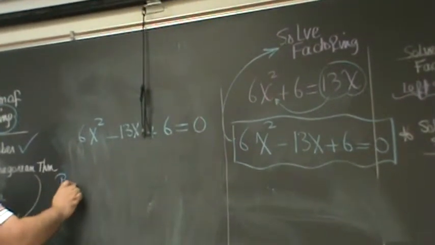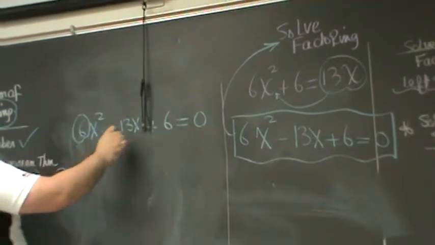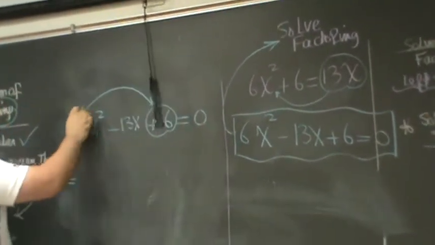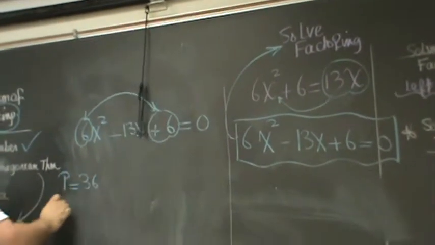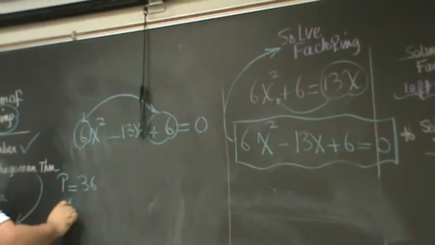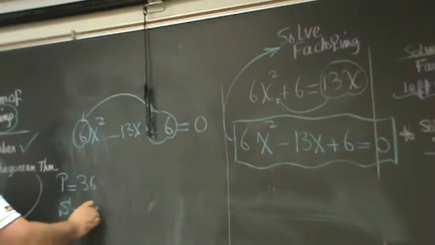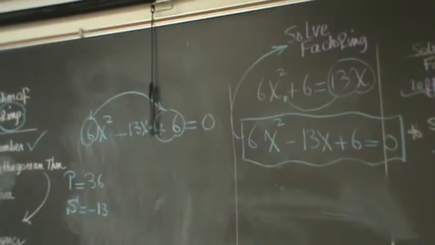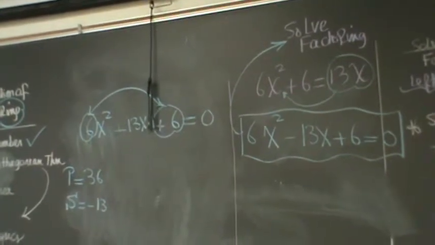What's my product? 6 times 6, which is 36. And what's my sum? Negative 13. So essentially we are looking for two numbers.